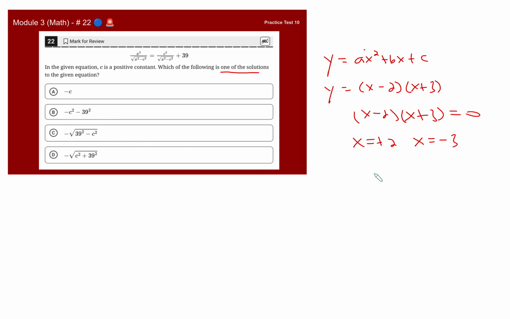Well, what you found is the solutions, and by solutions, they mean x-intercepts. So this is a parabola, and these are the x-intercepts.